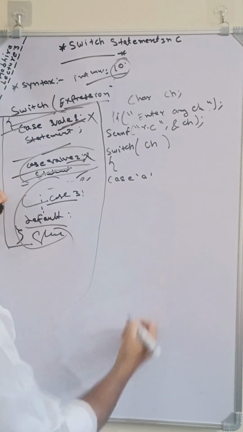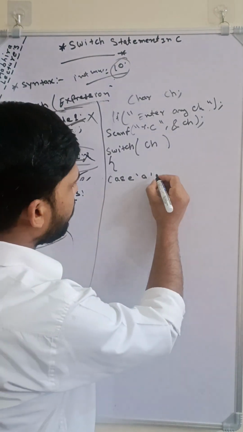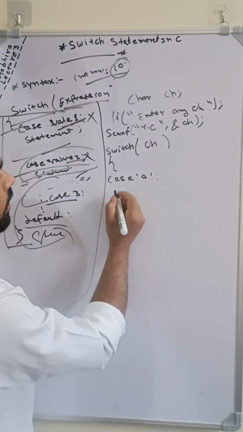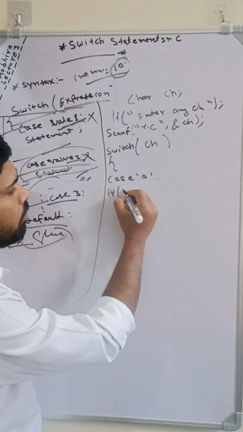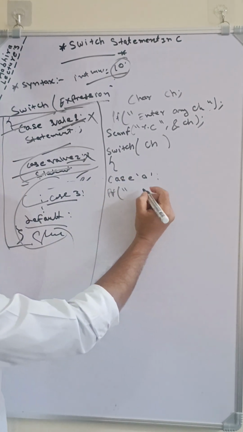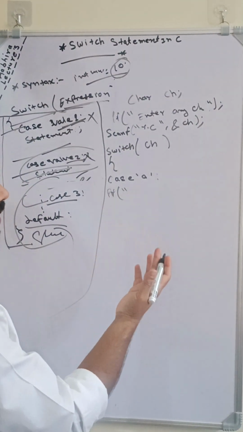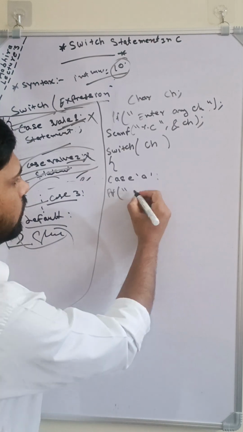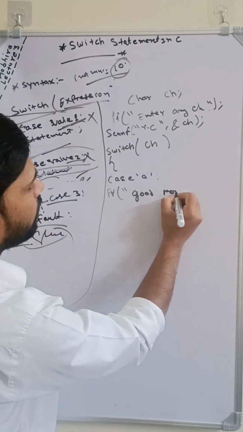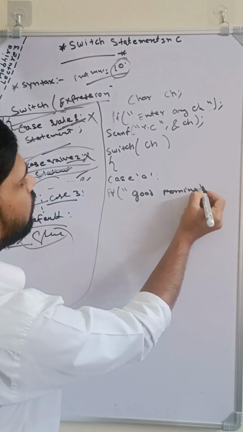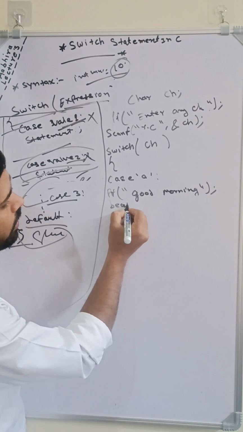A character is always written in single quotation marks. For case 1 I have taken 'a', then print anything you want, a character or a string. So print good morning, then break.